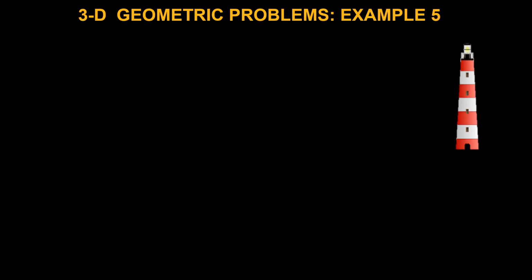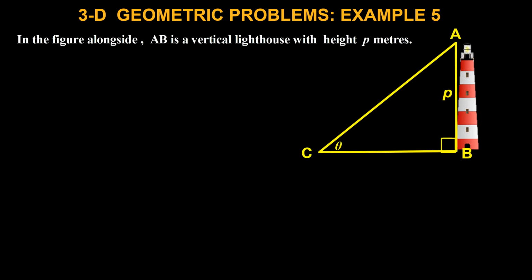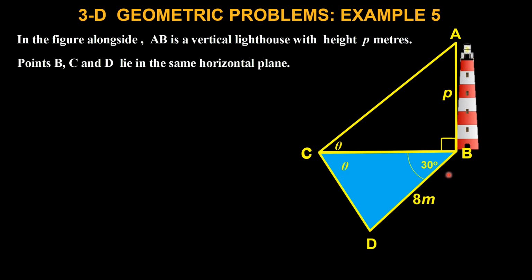Let's look at another situation here. There we've got a lighthouse, right? There's a vertical lighthouse, and the height of the lighthouse is P, vertical, that's why we've got a 90 there. And then we have PC and BC and D, that's in the horizontal plane, the shaded area in blue.